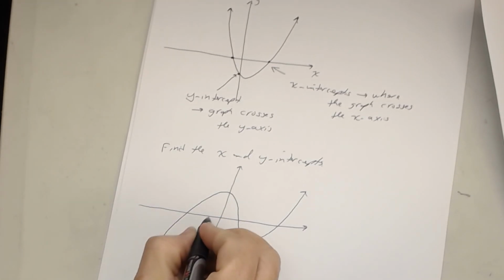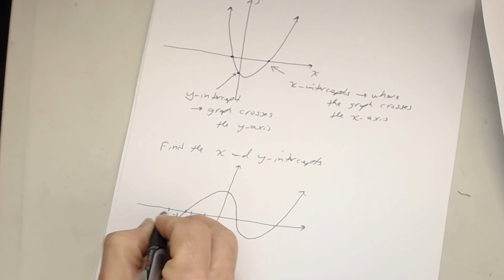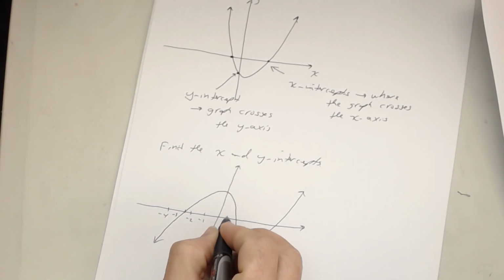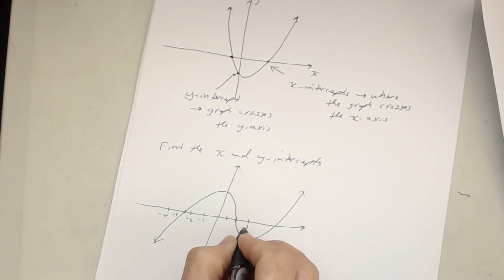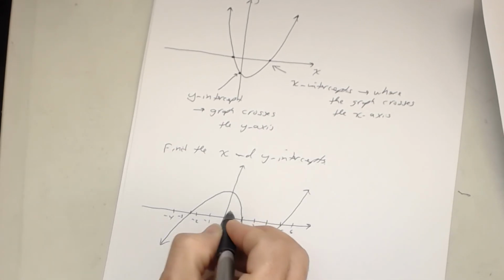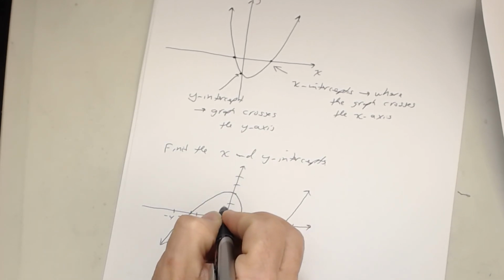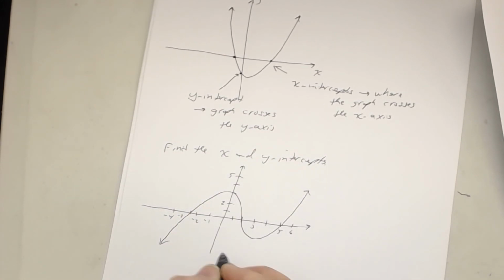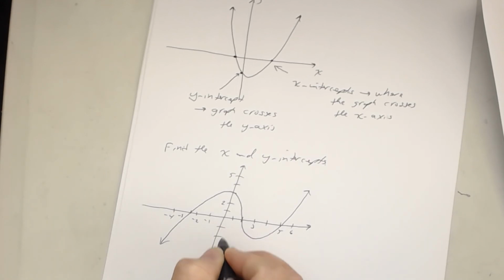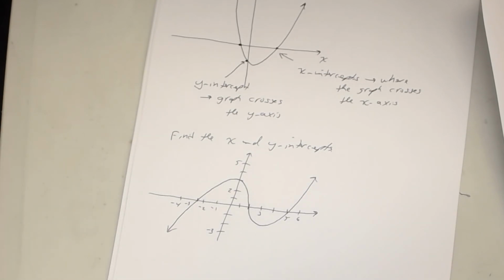And let's suppose that this is -1, this is -2, this is -3, -4, and so on. Here's 1, here's 2, here's 3, 4, 5, and so on. I'm making this up. 1, 2, 3, 4, 5. All right, -1, -2, -3. All right, so just draw those.